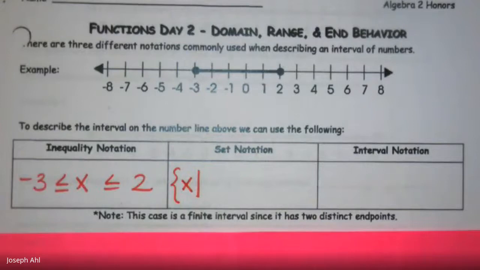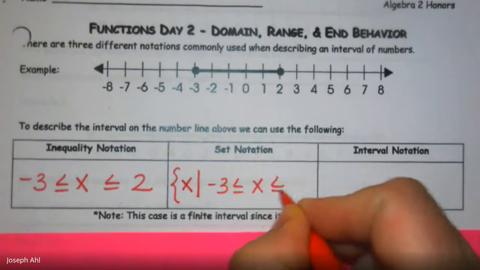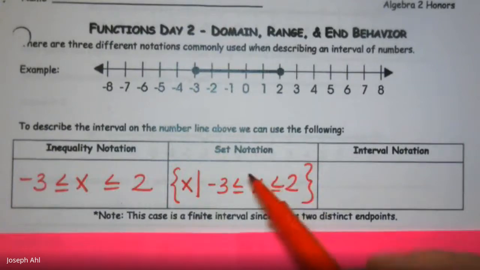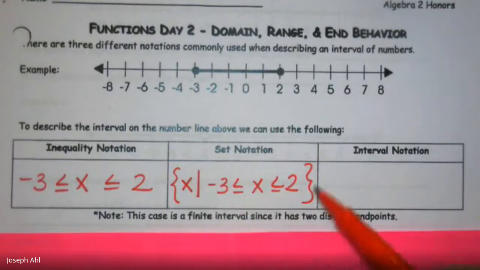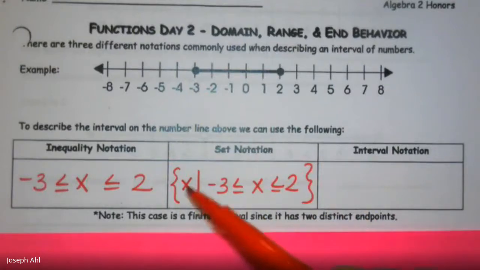That vertical bar means such that. So x such that x is between -3 and 2 with the same inequalities that I used over here. So it's just a little bit lengthier of a statement, but you need to know how to interpret it if you're given this set notation right here. You have to know what that means, right? So it's saying all values of x such that x is somewhere from -3 to 2 inclusive.